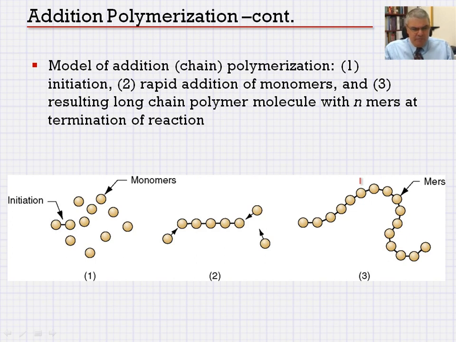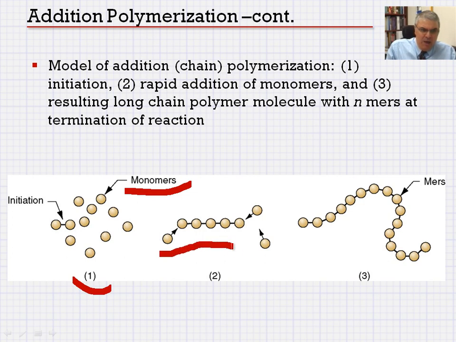So an example is shown here. Each of these monomers is shown in figure 1 here. There would be one initiator, one that would be initialized, and pretty much other monomers are going to join this one.